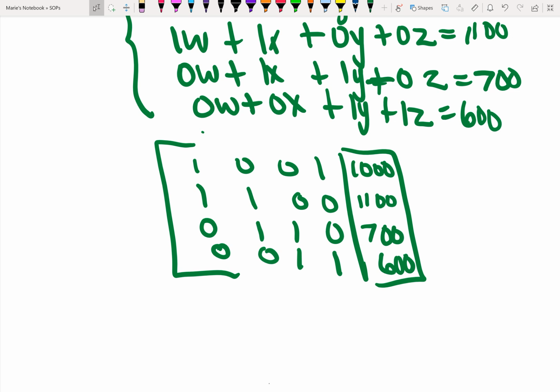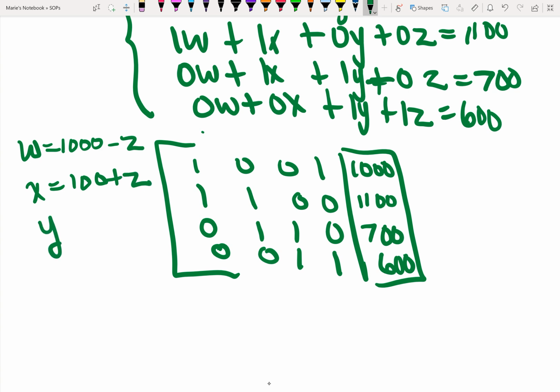Is it possible that if I wrote one variable in terms of another, I could end up with W equals 1,000 minus Z, and that's just manipulating the equation. I could end up with X equals 100 plus Z. I could also end up with y equals 600 minus z.